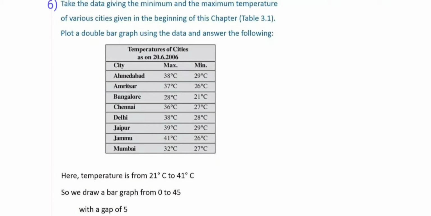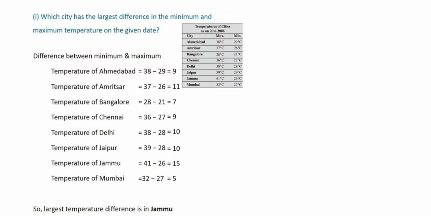Next, take the data giving the minimum and maximum temperature of various cities given at the beginning of this chapter. Plot the double bar graph using the data and answer the following questions. Here the different cities are Ahmedabad, Amritsar, Bangalore, Chennai, Delhi, Jaipur, Jammu and Mumbai, with maximum and minimum temperatures. The temperature ranges from 21 to 41 degrees centigrade, so we will draw the bar graph from 0 to 45 with a gap of 5.